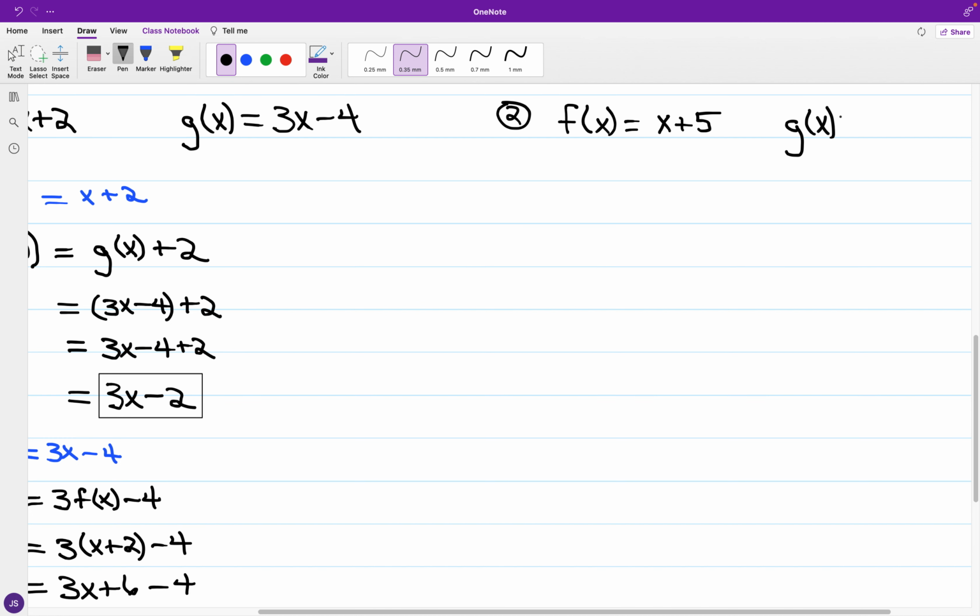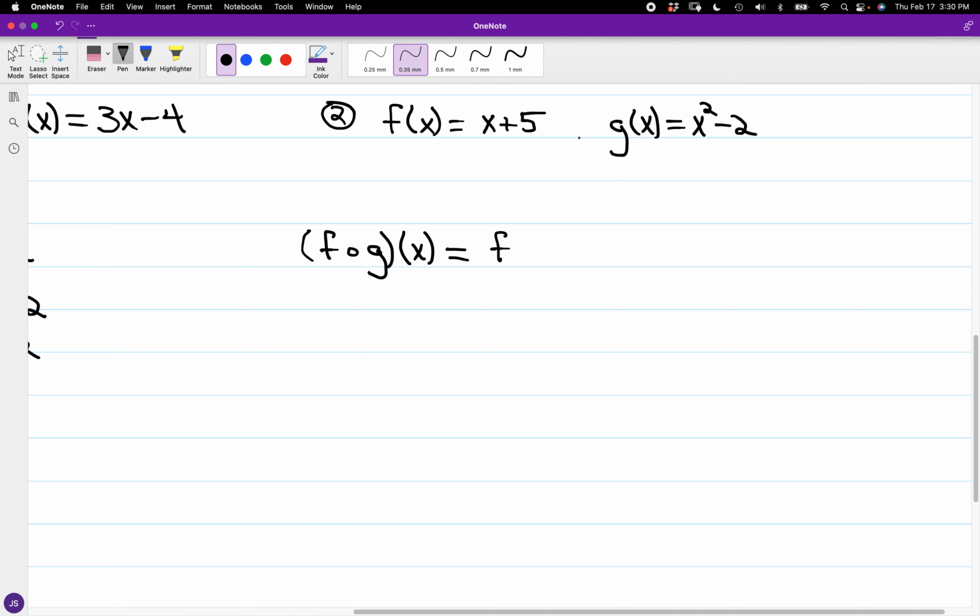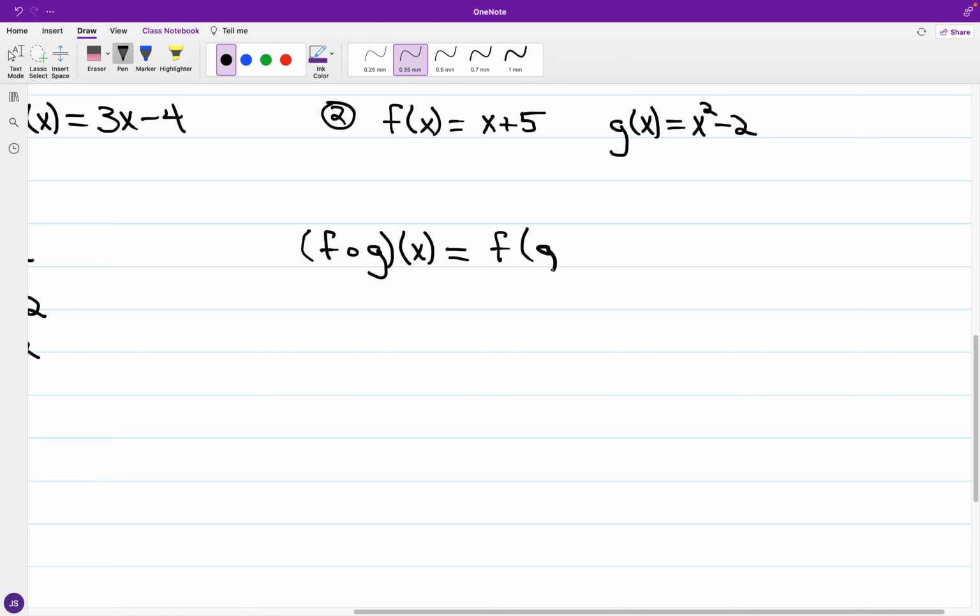We'll say g of x is equal to x squared minus 2. So for f composed with g of x, we're looking at f of g of x. Once you set that up, this is the easy part, and then you might ask, what do I do next? Just keep in mind you're operating along the lines of the outside variable.